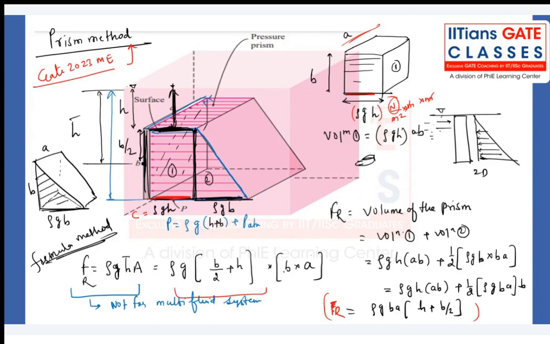Remember that. Either you convert the other liquid in terms of a single liquid column, then you can use it, or you better use the prism method. So in short, I can write: prism method is good for multiple fluid system.